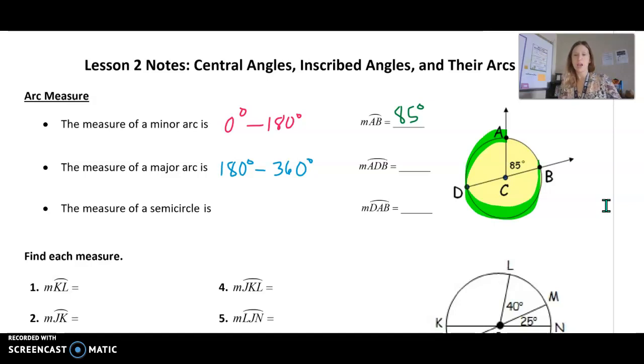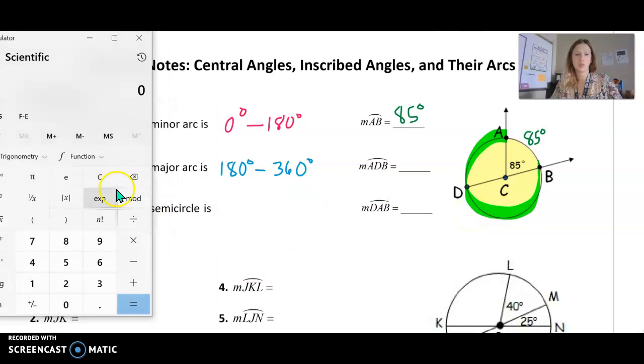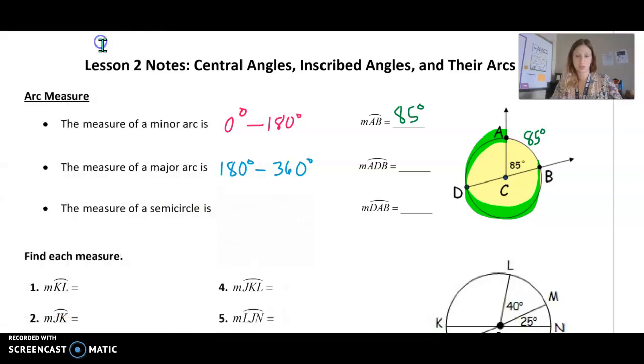And if we want to know what the measure of that is, we know that this arc AB we had already found out was 85 degrees because it's the same as the central angle here. And we would just take 360, the full circle, and minus 85. You can use your calculator if you need to. 360 minus 85 degrees is 275.